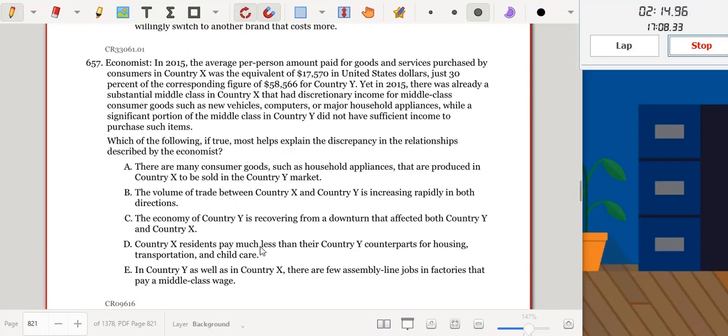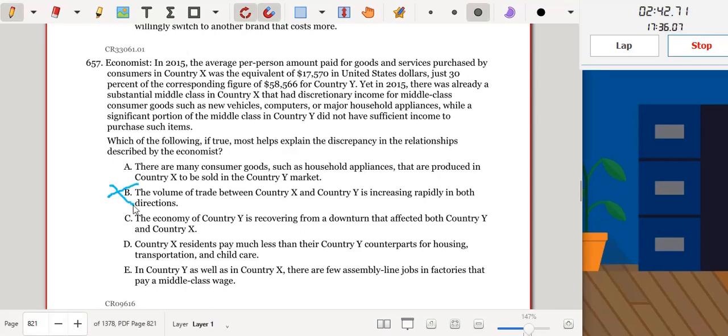Why the discrepancy? Why is someone more but the effect is less, someone is less but the effect is more? A: There are many consumer goods such as household appliances that are produced in country X to be sold in the country Y market. B: The volume of trade between X and Y is increasing rapidly in both directions. No, this is not it. Let me mark this cross.